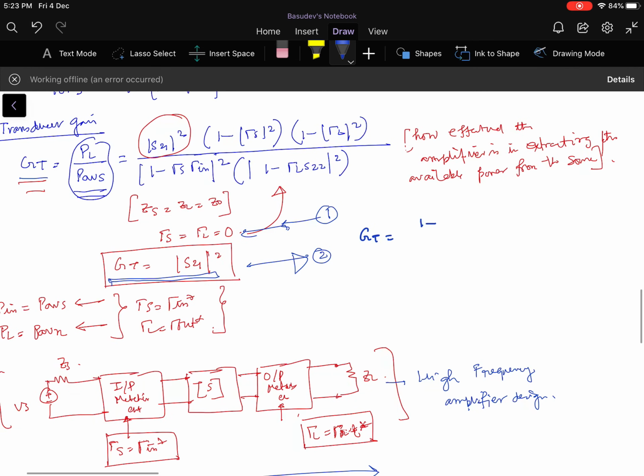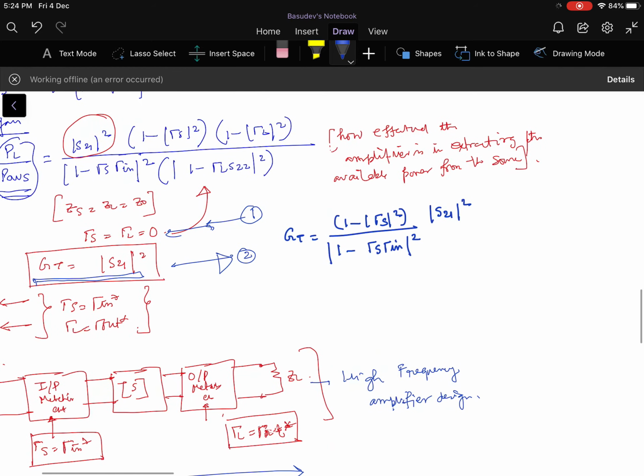First, 1 minus mod of tau s square divided by 1 minus tau in tau s whole square. Then mod S21 whole square, and secondly mod tau l square divided by 1 minus tau l S22 whole square.